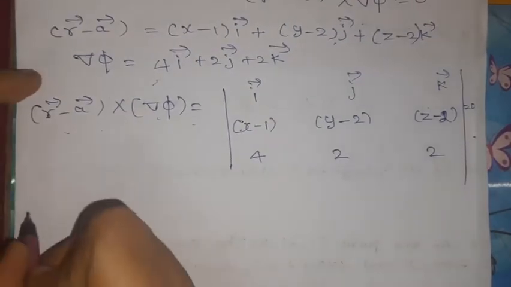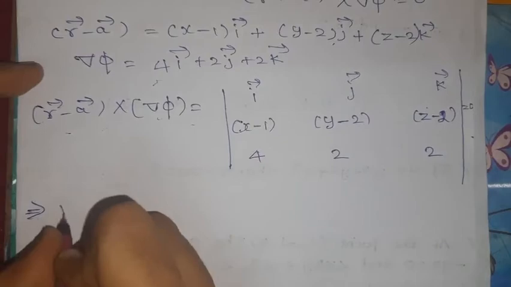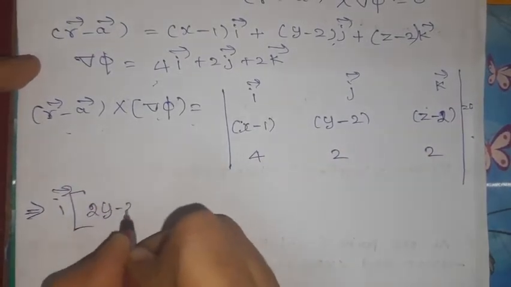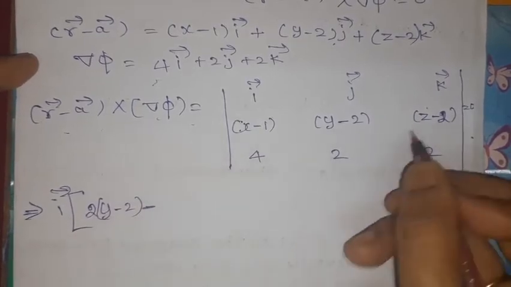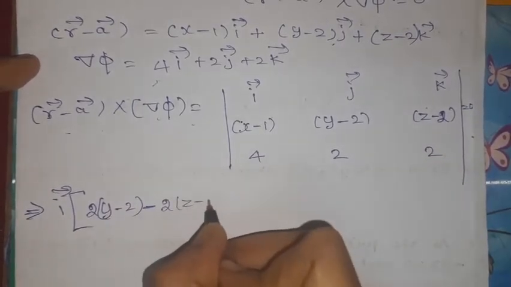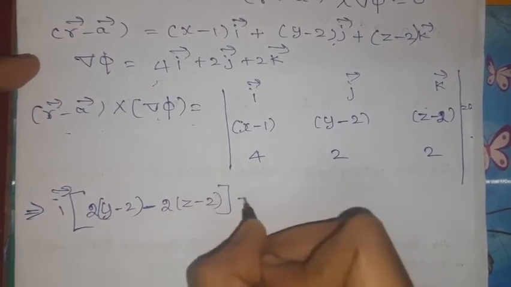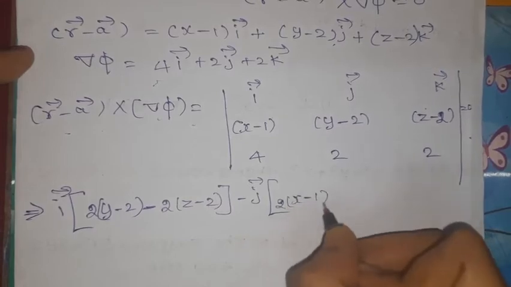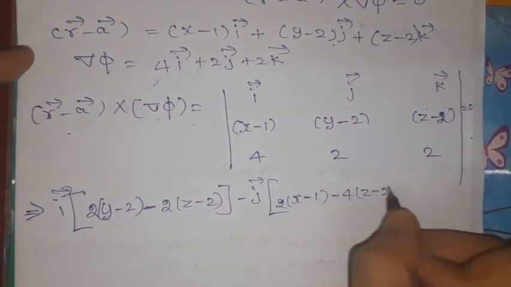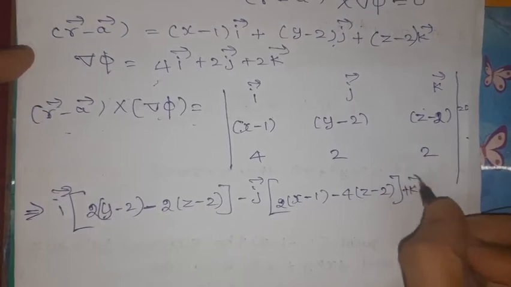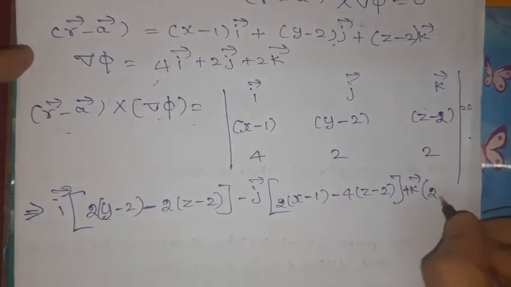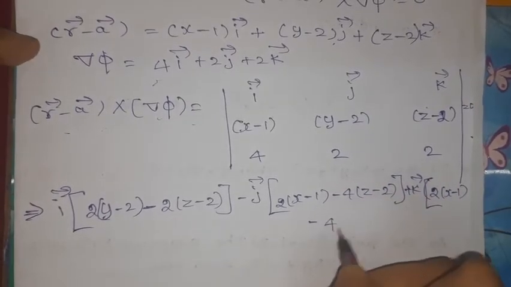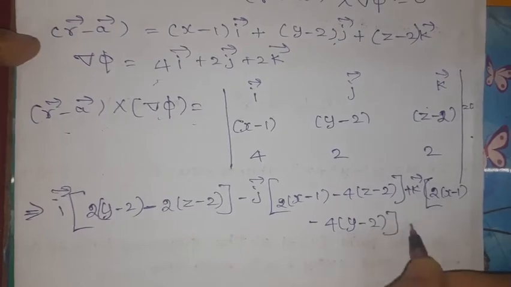So i into (2 into (y minus 2) minus 2 into (z minus 2)), minus j into (2 into (x minus 1) minus 4 into (z minus 2)), plus k into (2 into (x minus 1) minus 4 into (y minus 2)).